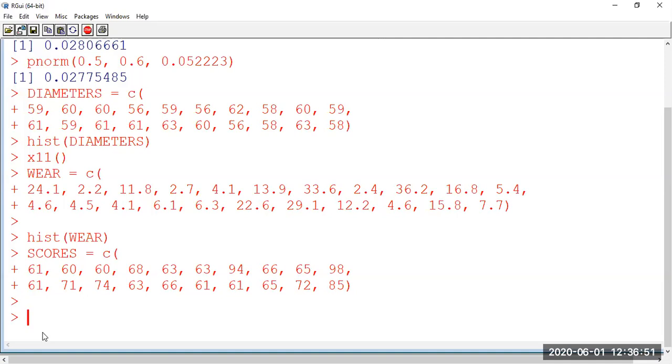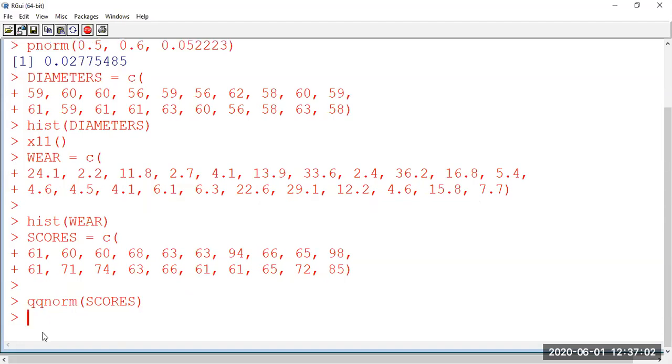And then I'm going to use qqnorm. That's the function with the variable with the data, in this case scores. I totally forgot using X11, so I just lost the previous histogram. And then I'm going to use qqline.